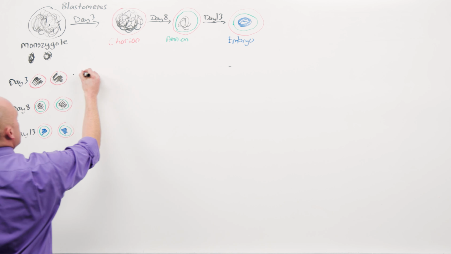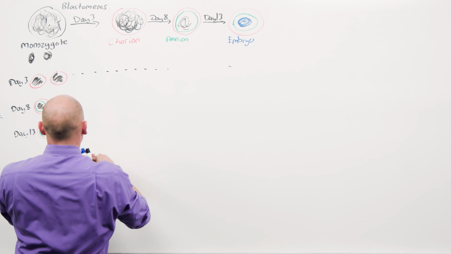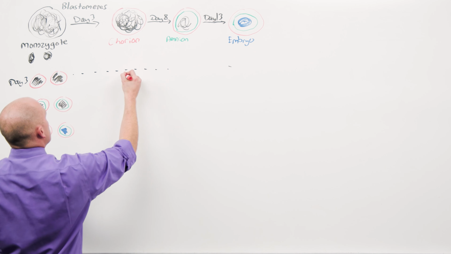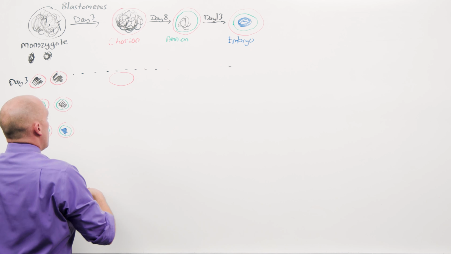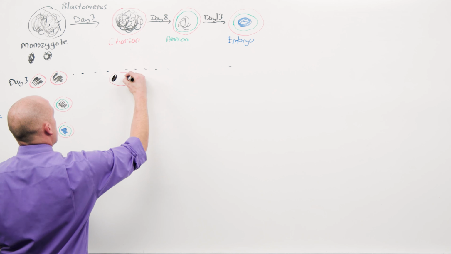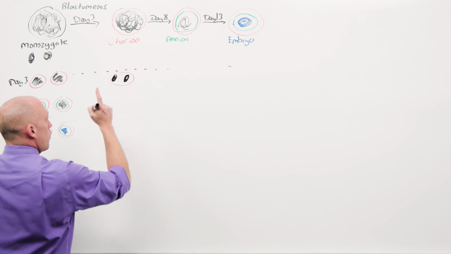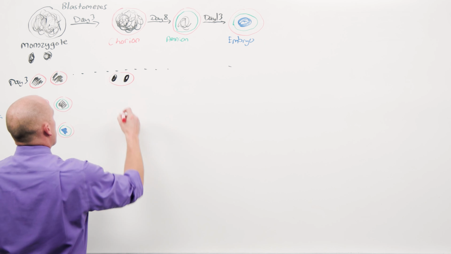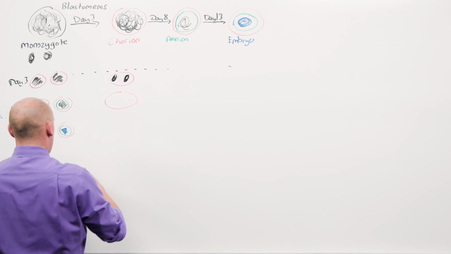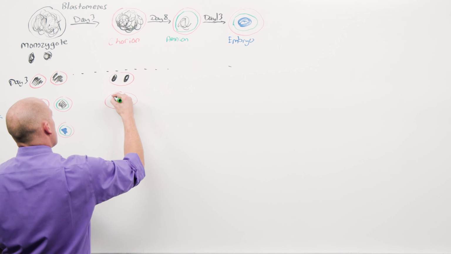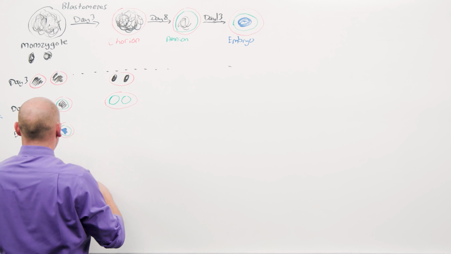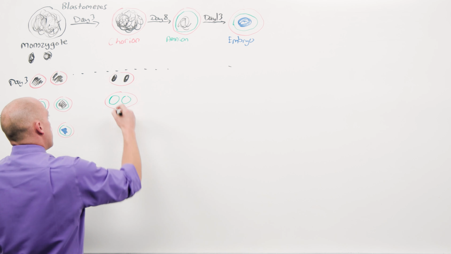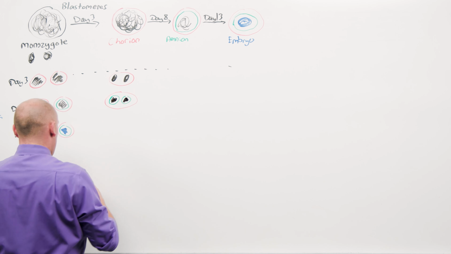If the twinning event is after day 3, you are going to have a single chorion with 2 totipotent organisms. So that when day 8 hits, you're going to have 1 chorion, but 2 amnions within totipotent organisms.